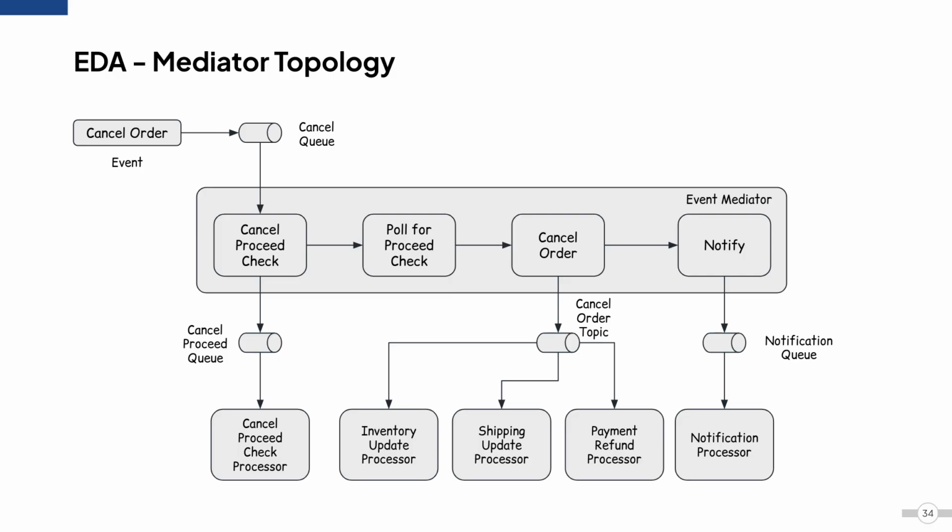So if your scenario doesn't have such a requirement, event mediator topology is a good choice. And there is another topology called broker topology, which is good especially for non-waiting scenarios, right? So for example, this is another pattern.